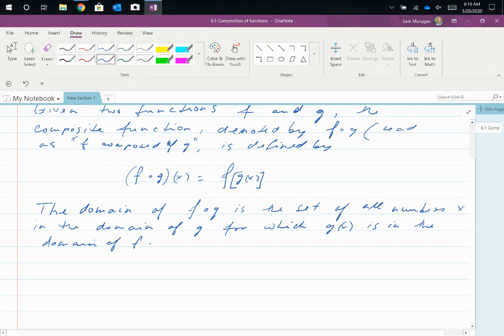Just a quick illustration of the generic form of finding a domain.